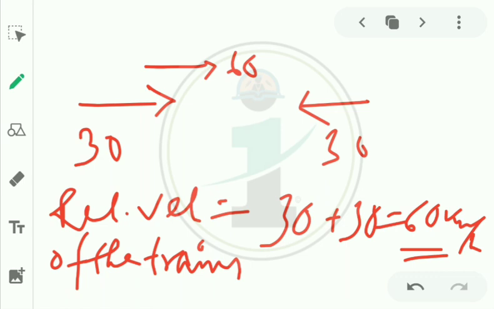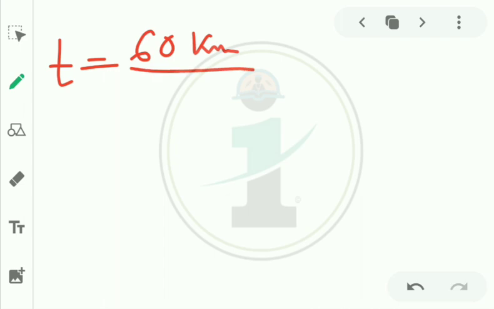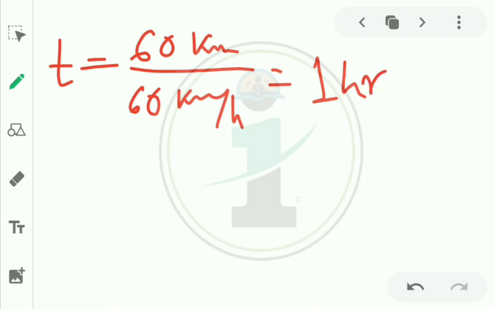Now, as the initial distance given was 60 kilometer, the total time must be the distance 60 kilometer divided by the relative velocity of these two trains. So this will give us 1 hour. This is the total time taken.